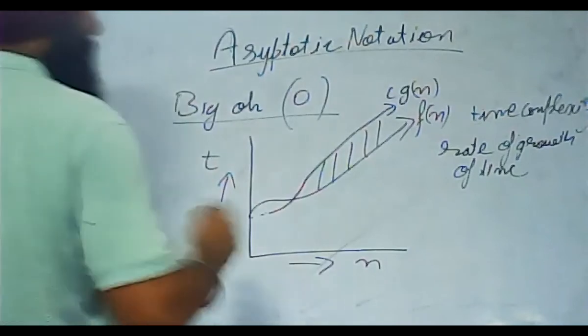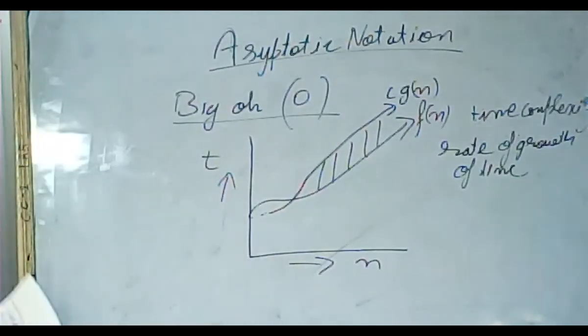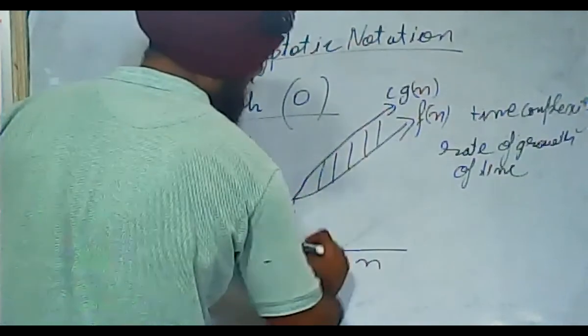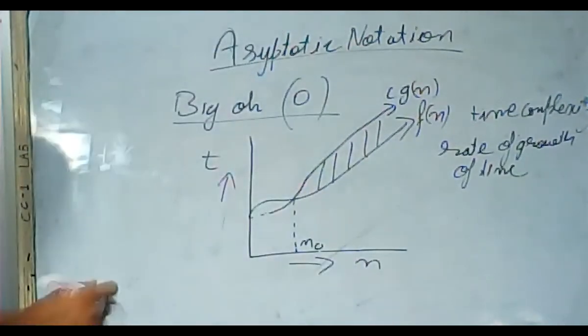So I can say any function belongs to the big O category after some particular n naught. What is n naught? I'll explain.